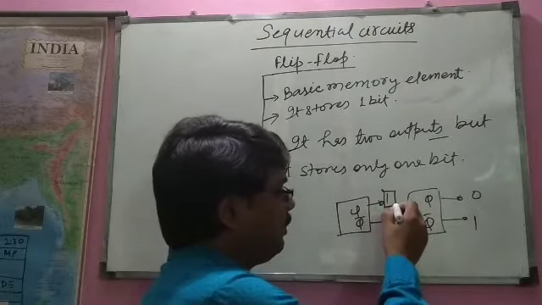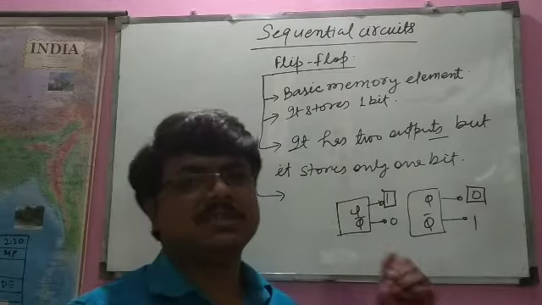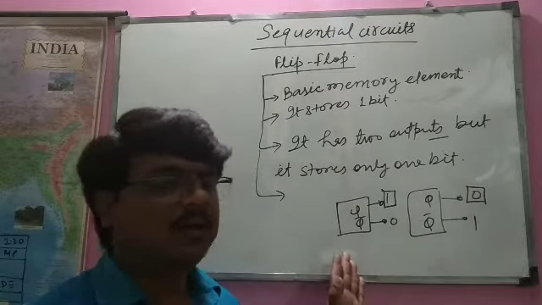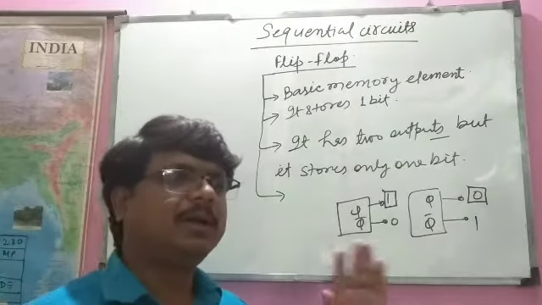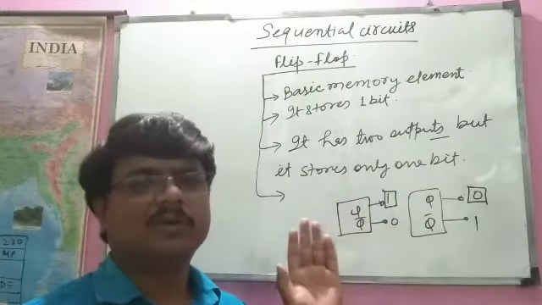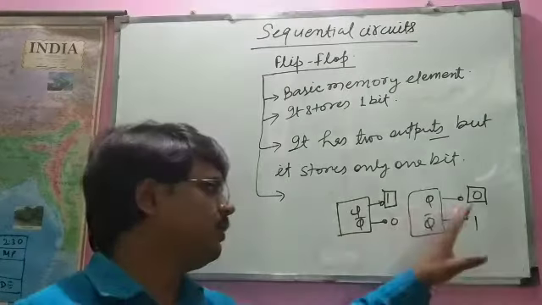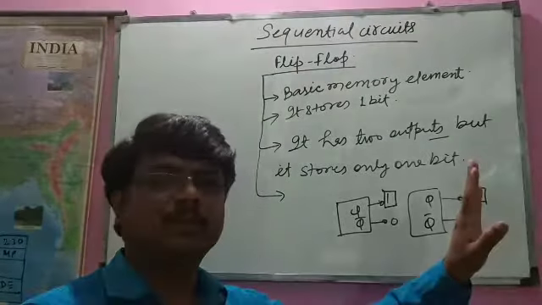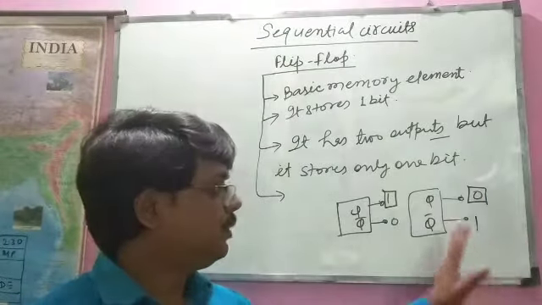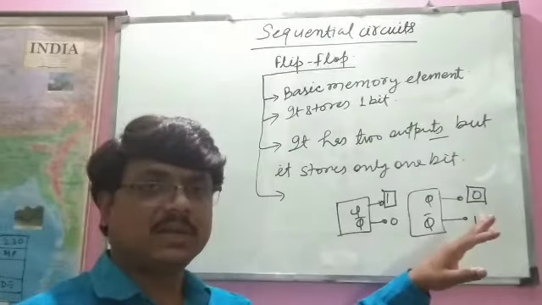Either it will remain in 1 or it will remain in 0. Store 1 and leave it, it will remain 1 for a longer time, for 2 years, 5 years. And store 0, it will remain 0 for a longer time.